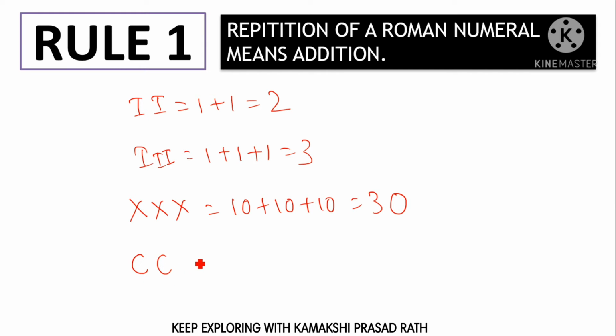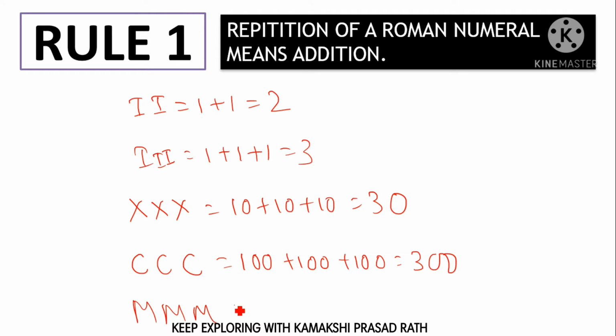Or CCC, we know C is 100, so 100 plus 100 plus 100 becomes 300. Similarly, we can do it for M also. M is 1000, so MMM, 1000 plus 1000 plus 1000 becomes 3000. So in this way, we can repeat them.